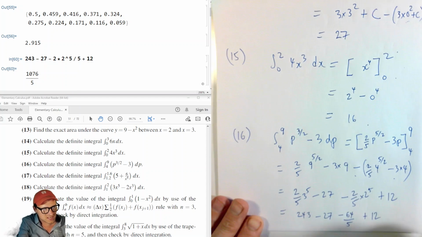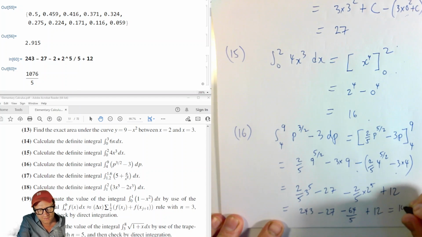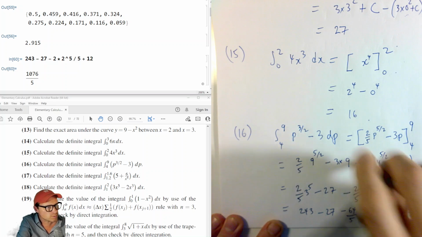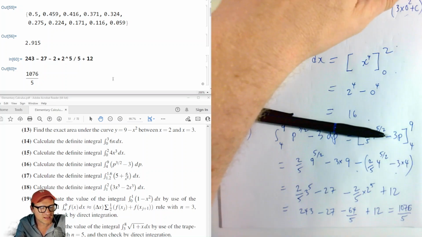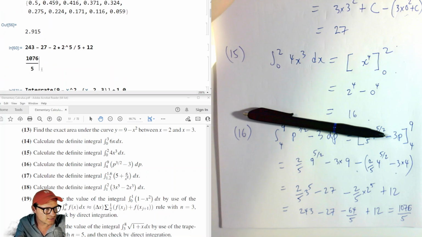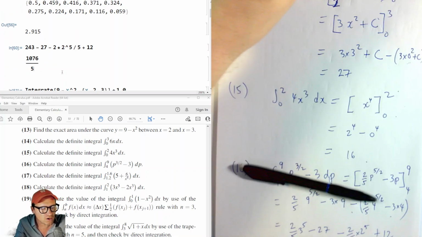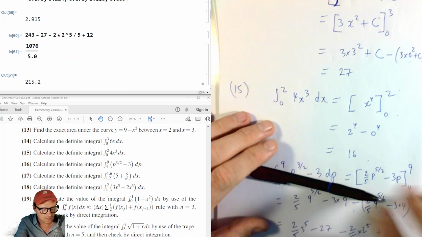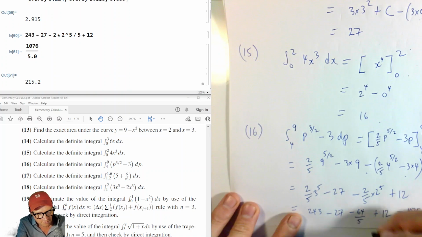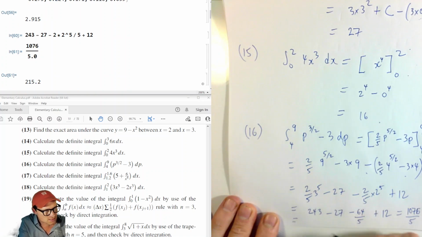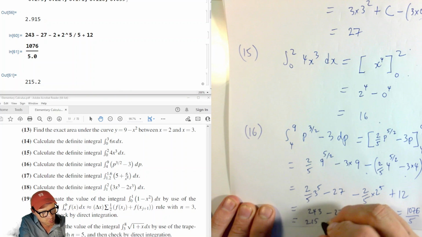So we've got 1076 over 5. And you would probably like a numerical estimate of that. So let's replace that 5 with a 5.0. And so we have this equal to 215.2.